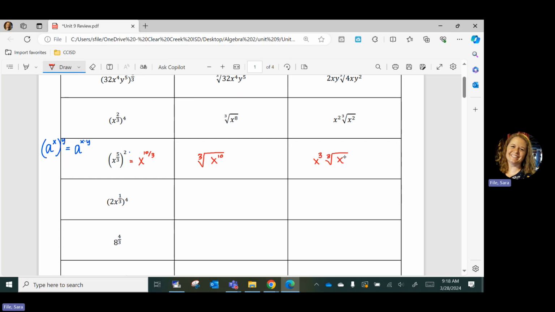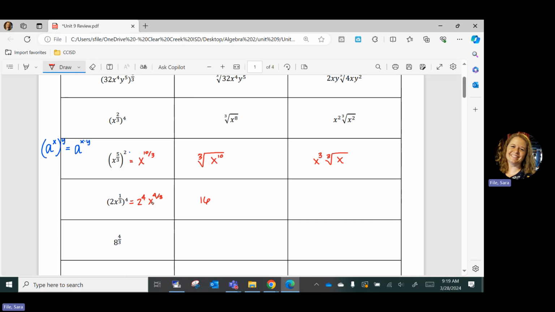Let's try that again here. In the parentheses, everything is being raised to the 4th power. So the 2 is raised to the 4th power, and the x to the 1/3 is raised to the 4th power. The 1/3 times 4 is 4/3. So 2 to the 4th, 2 times 2 times 2 times 2, is 16.